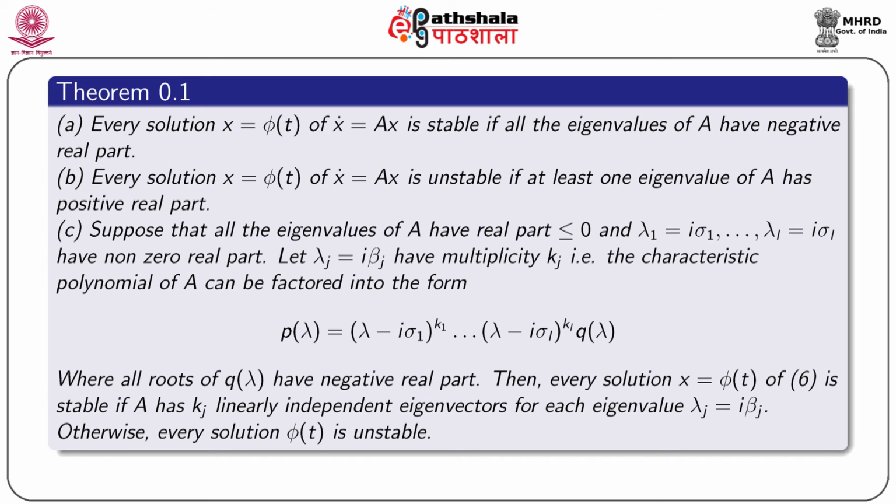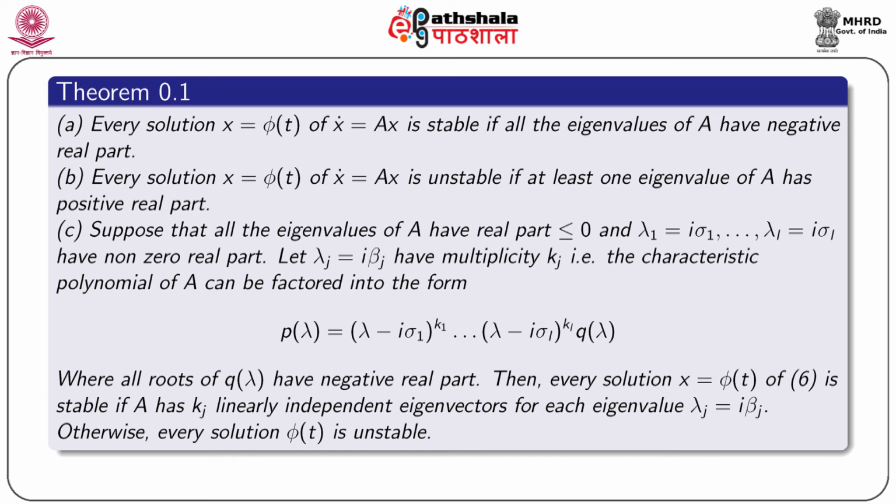And the third one: suppose that all the eigenvalues of A have real part less than or equal to 0, and lambda 1 equal to i sigma 1, ..., lambda L equal to i sigma L have zero real part.